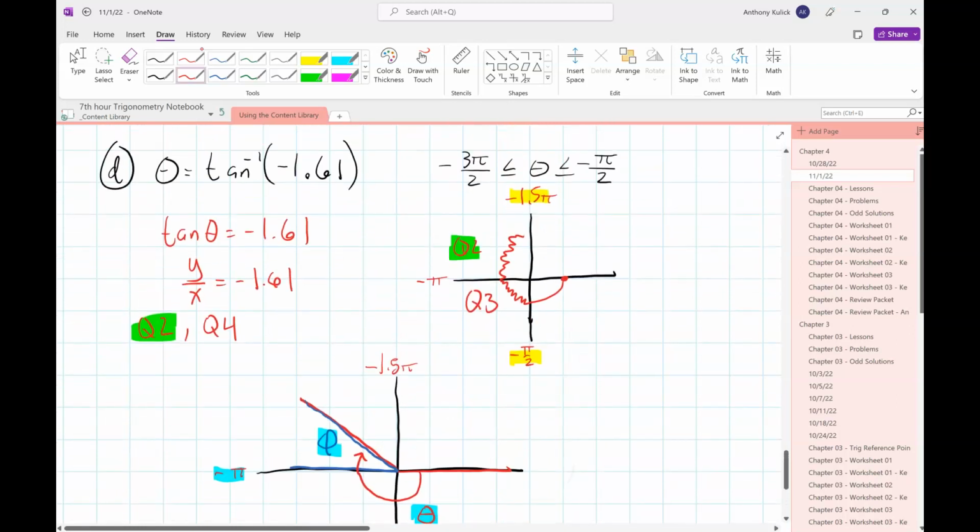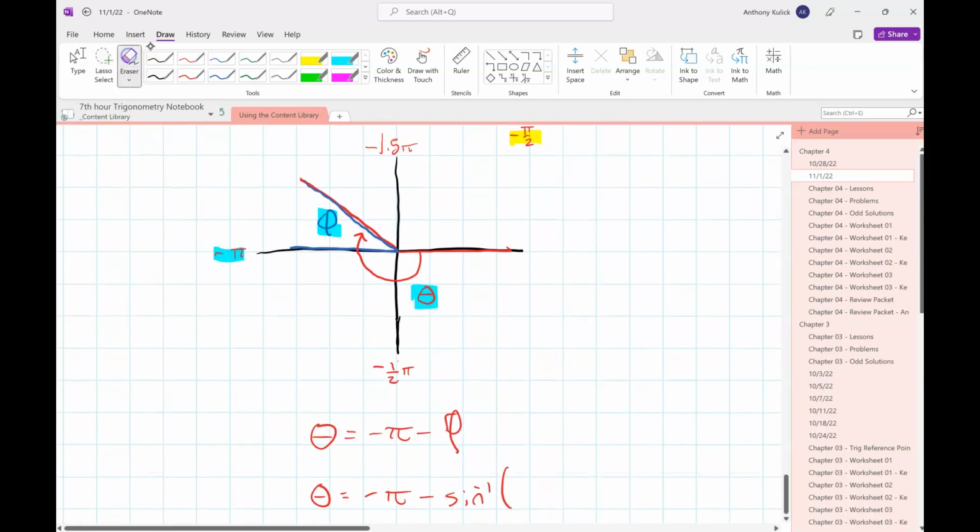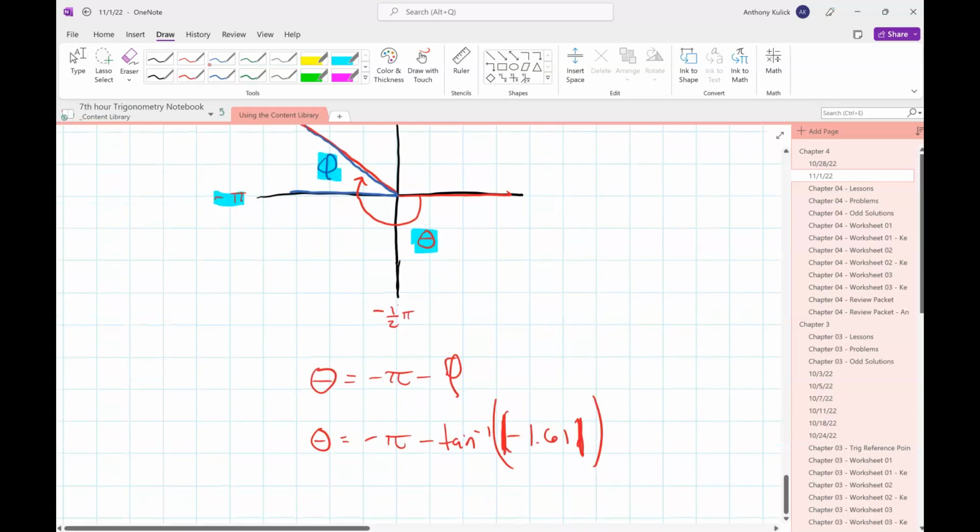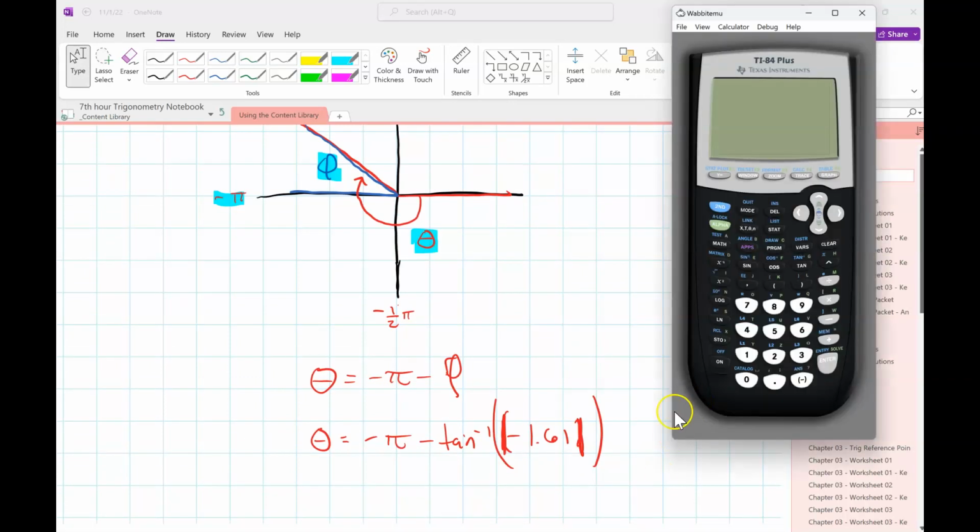And that was tangent inverse of negative 1.61. Again, I'm not typing the absolute value in my calculator. I'm just doing that part in my head. So I get negative 4.16.